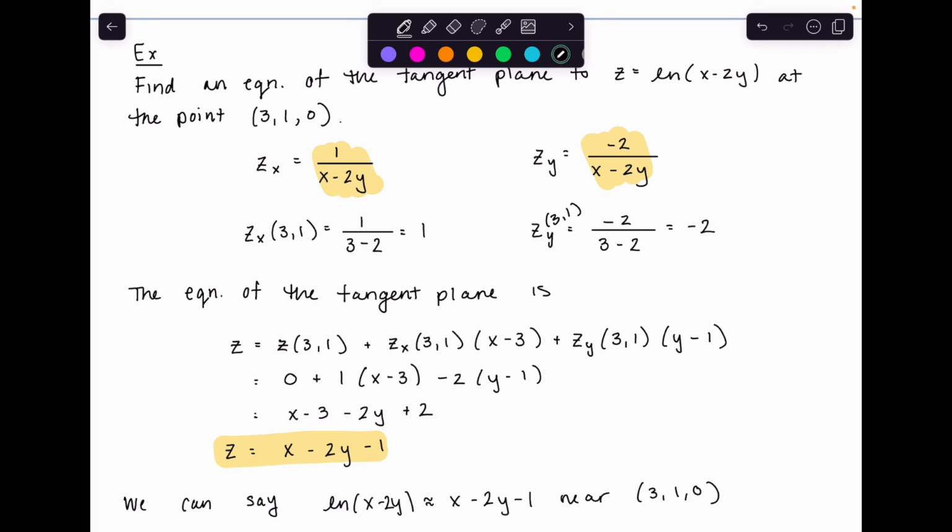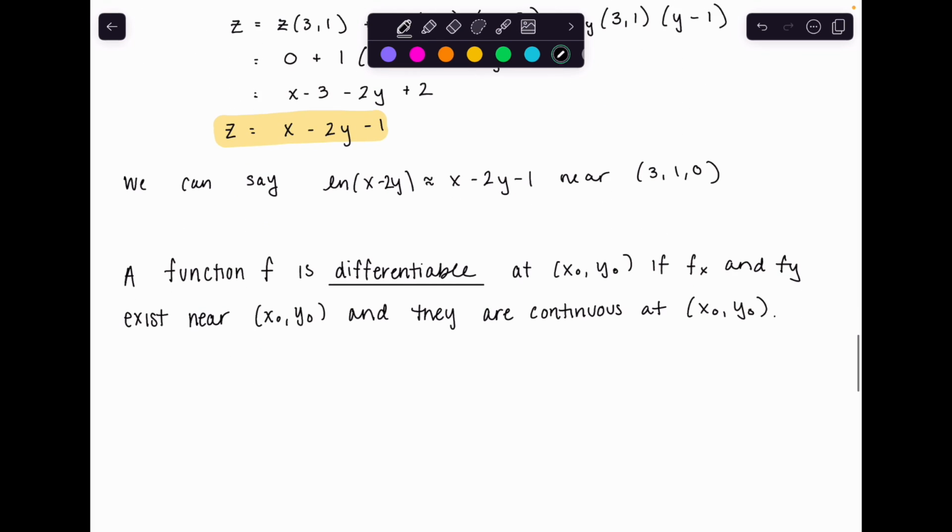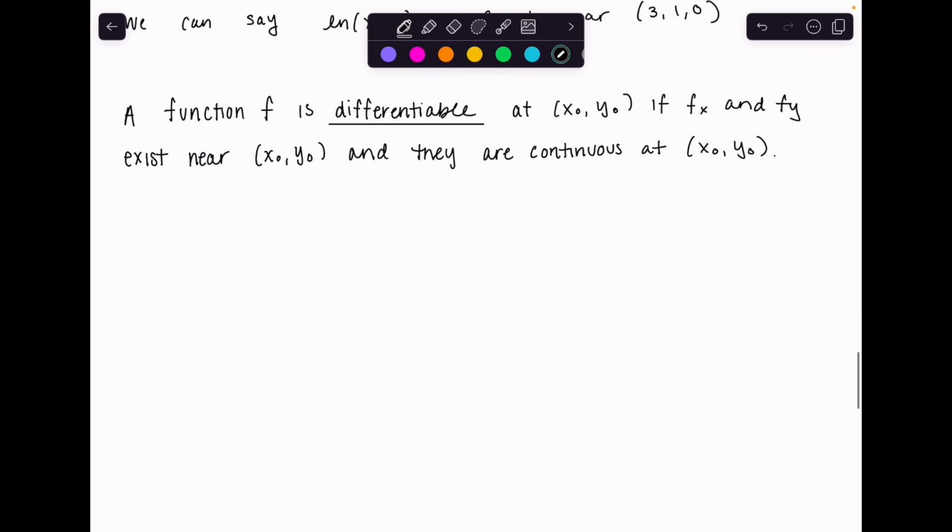So let's do another example like this, and we're going to actually use the tangent plane to approximate a value. We're going to show that the function f of x, y, which is x over x plus y, is differentiable at the point (2, 1).